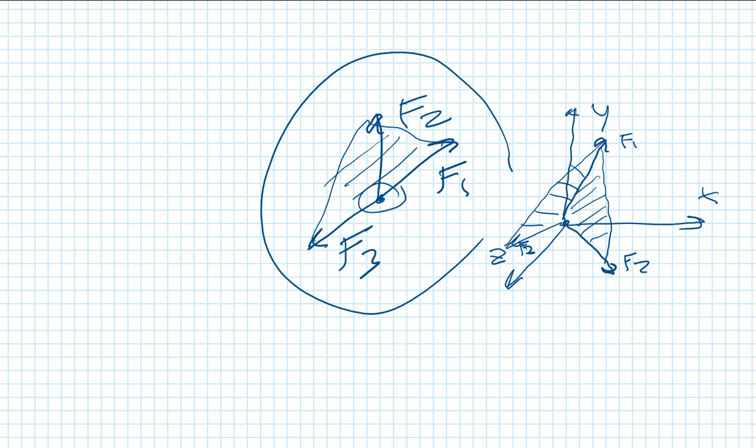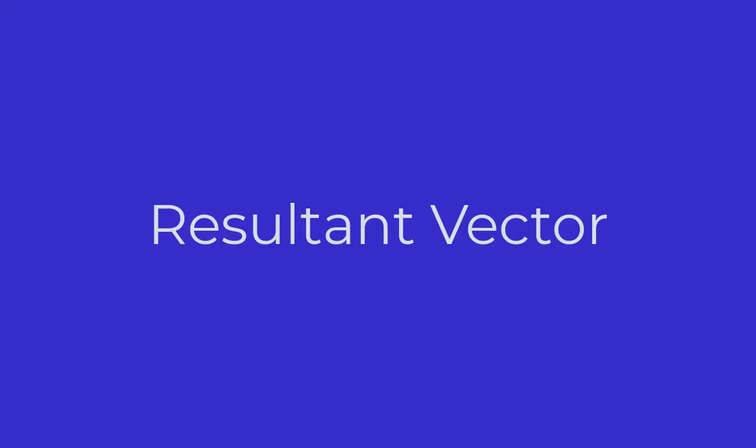We also have what we call resultant vectors. Resultant vectors are two or more forces that act on a point that can be reduced down to a resultant force. So let's say we have a point here, acted on by two forces.